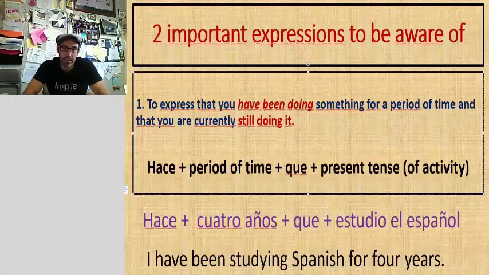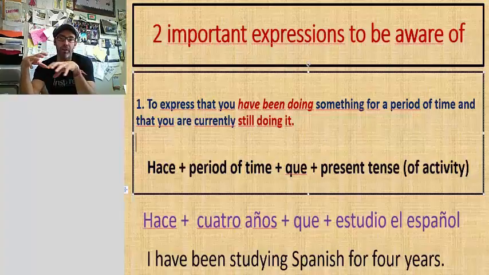Number one is, in order to express that you've been doing something for a period of time and that you're currently still doing that activity or that action, we have a specific expression that we use.